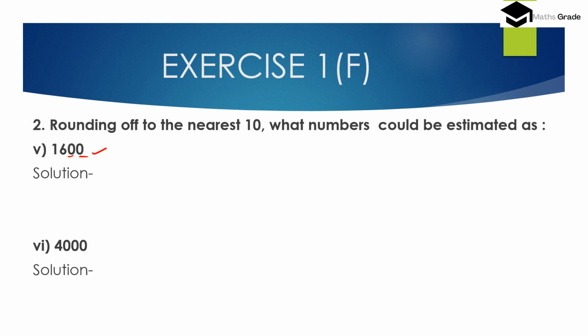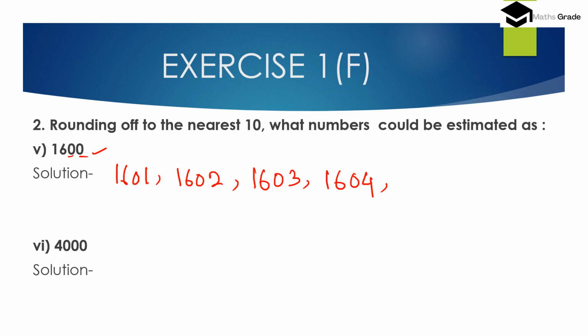If the unit place digit is less than 5, then the numbers rounded to the nearest 10 will be 1600, that is 1601. Unit digit 1 is less than 5, so it rounds to 1600. Then 1602, then 1603, 1604.